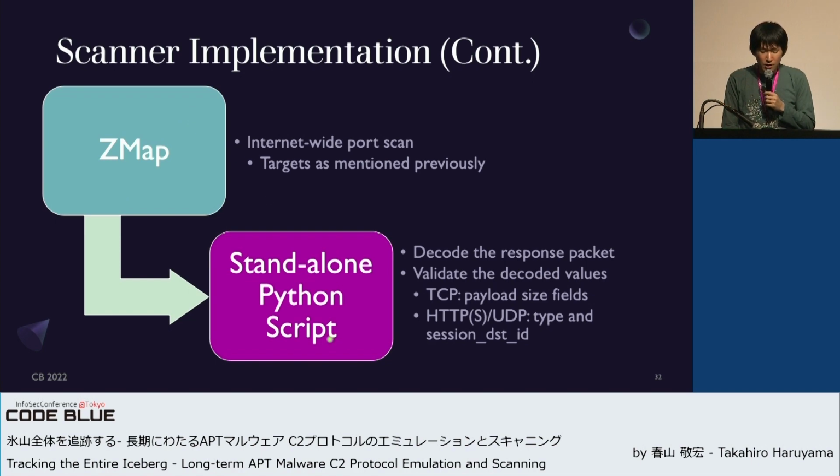Next, the standalone Python script sends the ShadowPad formatted packets to all IPs on the list, then decodes the response packet and validates the decoded values. In the TCP protocol, payload size information is checked; in HTTP and UDP protocols, type and session ID will be checked.